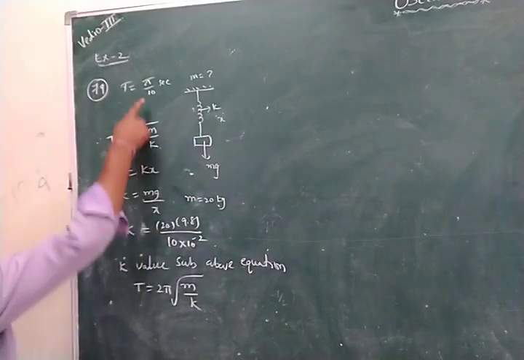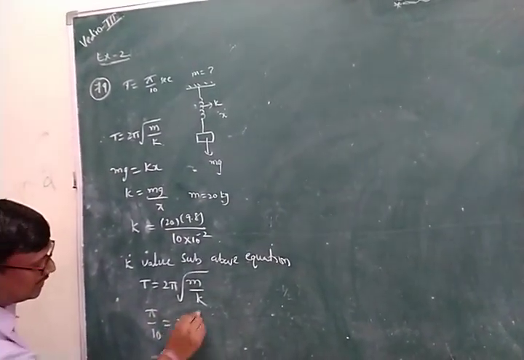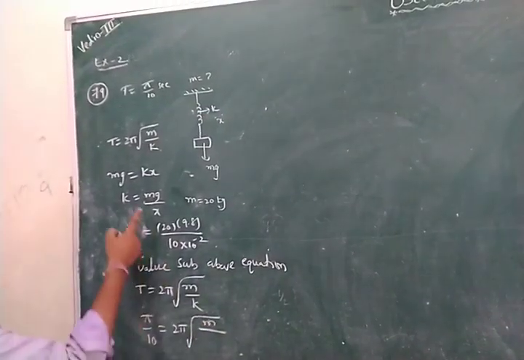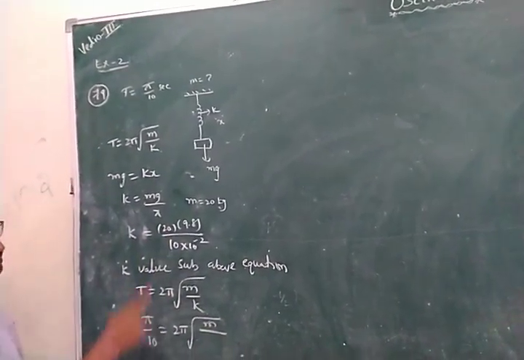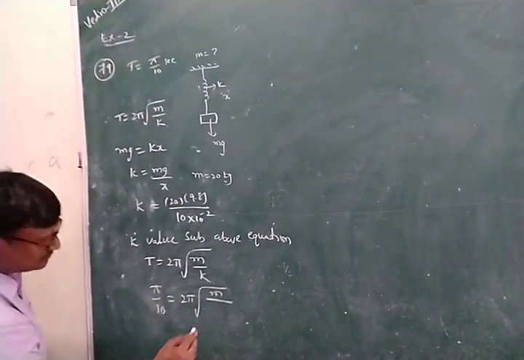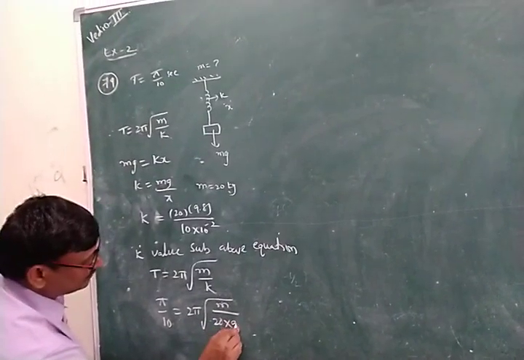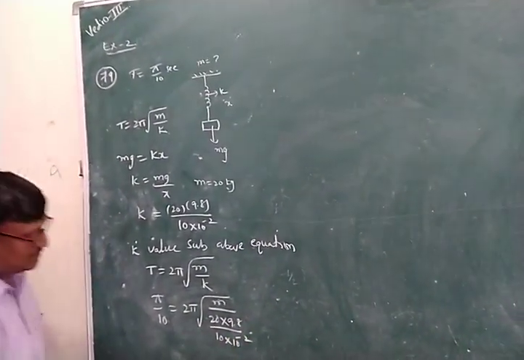T is equal to pi by 10. That is equal to 2 pi under root of m by k. Here 20 into 9.8, that is 19.6. We can write 20 into 9.8 divided by 10 into 10 power of minus 2.